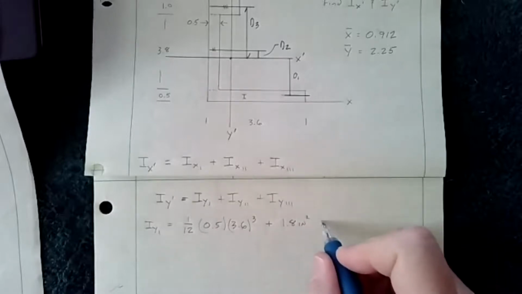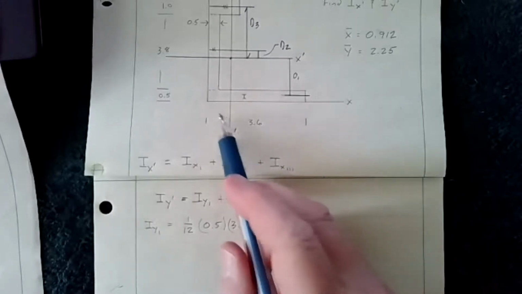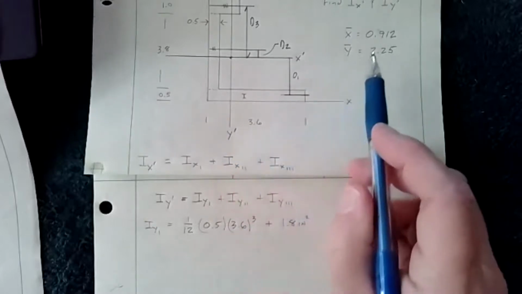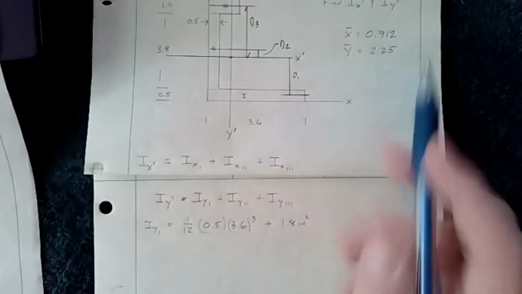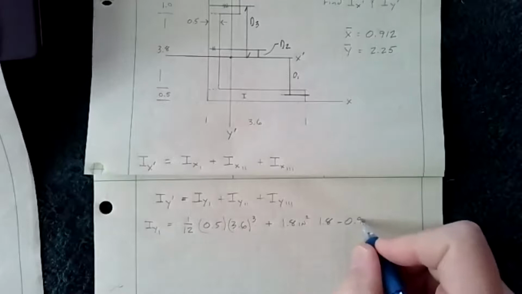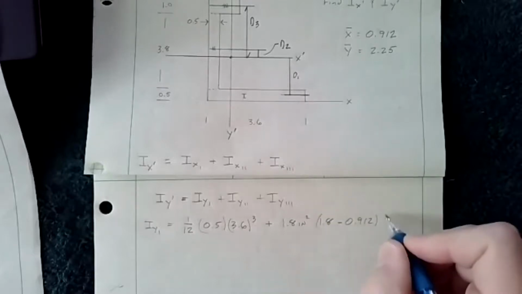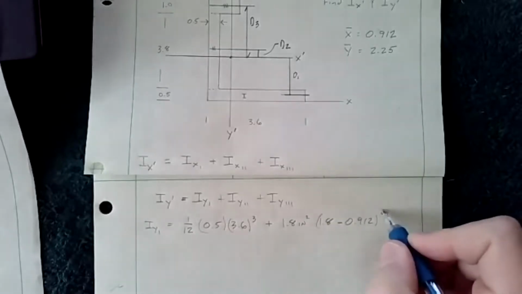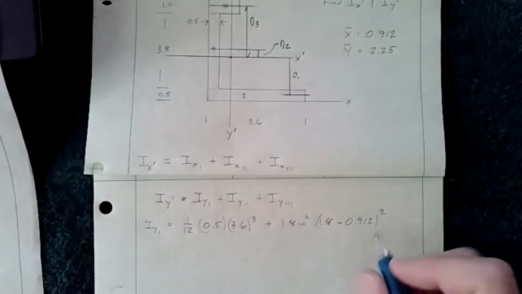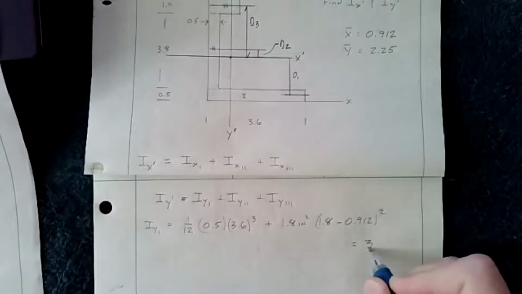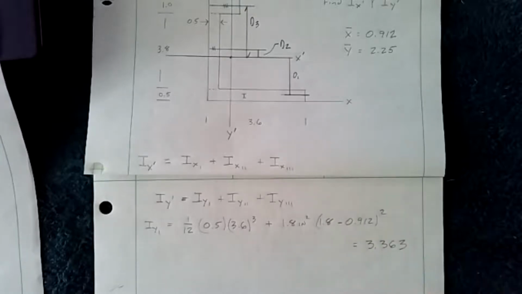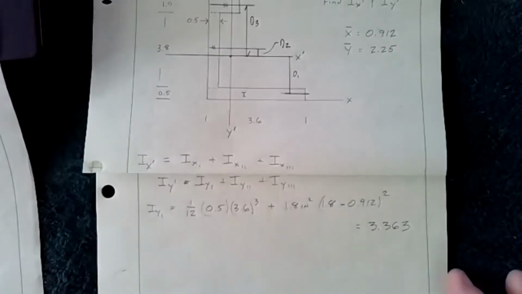And the distance now is half of this centroid, 1.8, and then we have to subtract it from x bar. So 1.8 minus 0.912, all squared. And so this total is 3.363. All right. So let's do the next one.